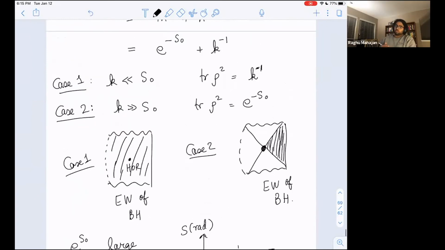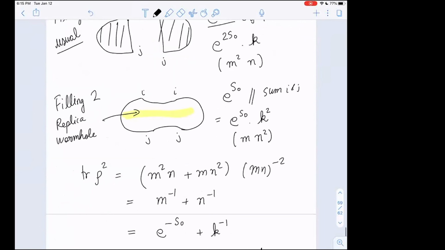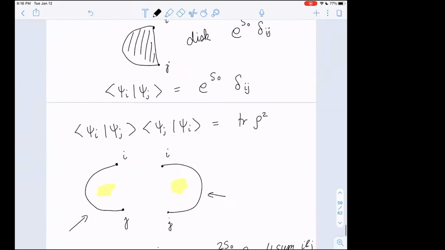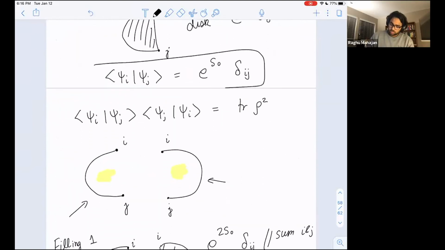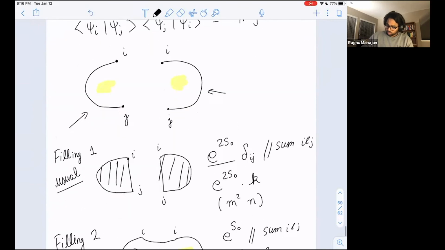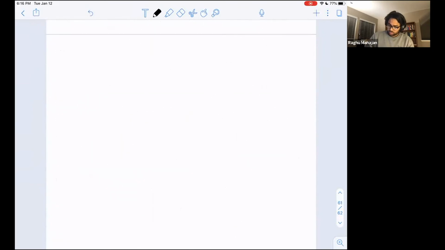Yeah, okay, good. So, I derived here two things. There is this equation here we derived. We said psi i, psi j, right? We concluded it is e to the S naught times delta ij.